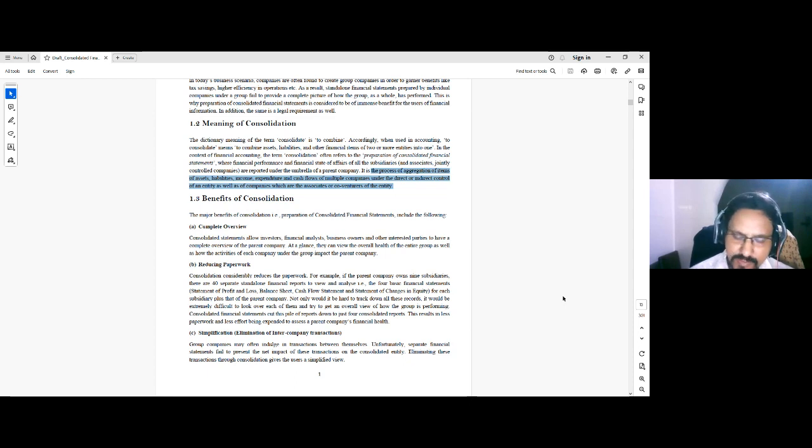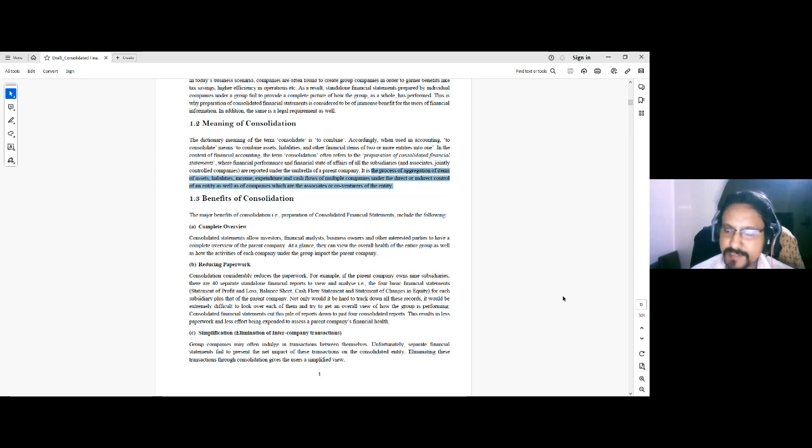So in that way, consolidation, as a generic term, may mean the merging or integrating of the assets, liabilities, income, and expenditure figures of more than one entity into a single one, which applies in case of merger and acquisition for the first time when the acquisition is made, for a holding company, a parent company which controls other organizations known as subsidiaries or associate companies or jointly controlled companies, or in case of joint arrangements also, this consolidation is required.